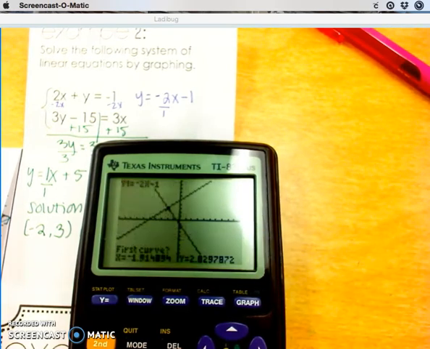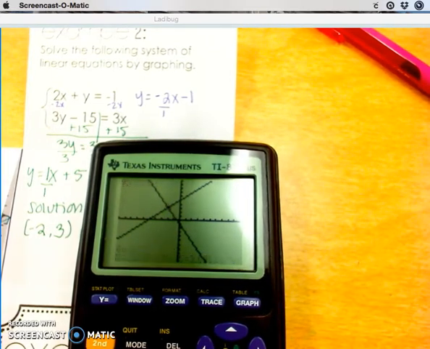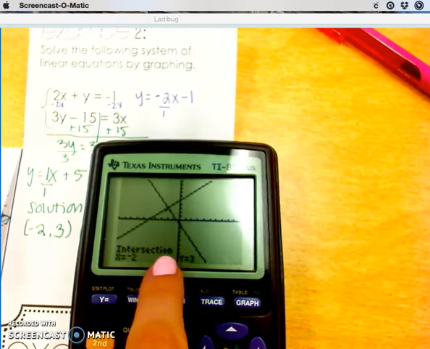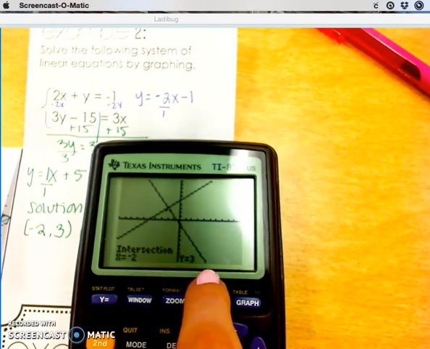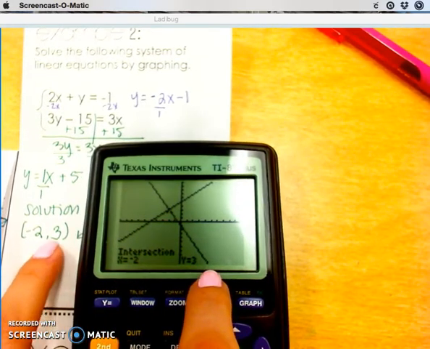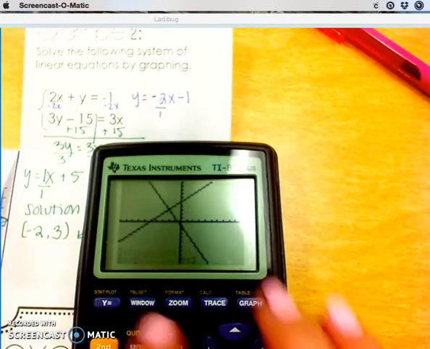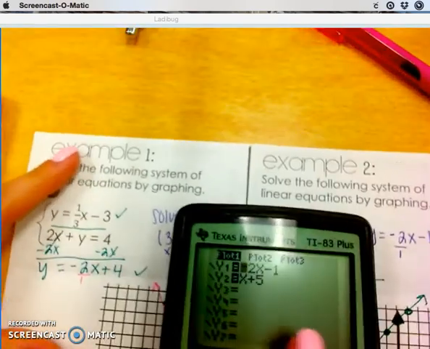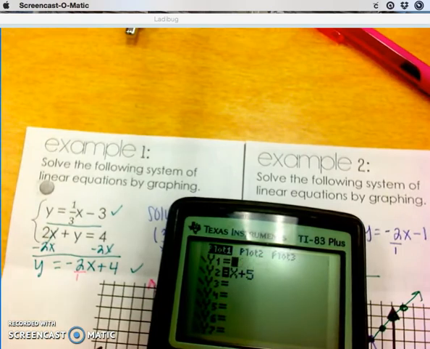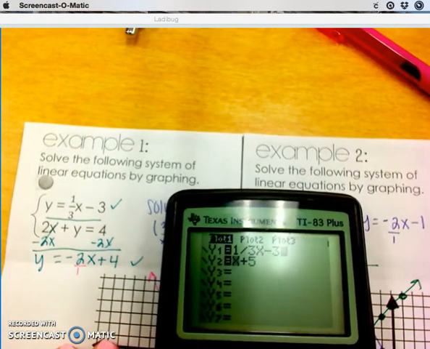So number 5, and then enter 3 times. 1, 2, 3. It has to say intersection, and it's at negative 2, 3, which is exactly what we got. And you can check it in the first example as well, putting them in y in that slope-intercept form: 1/3 x minus 3, and the second equation was negative 2x plus 4.